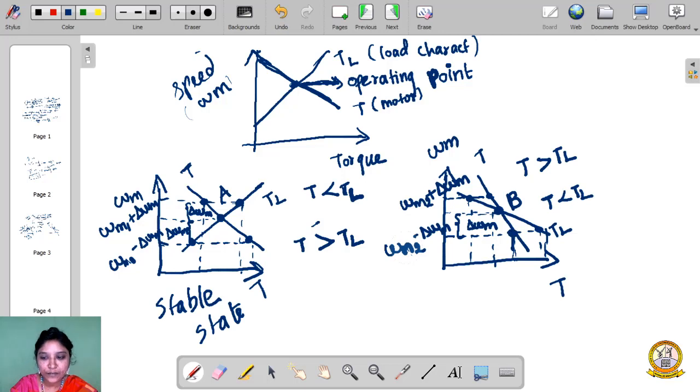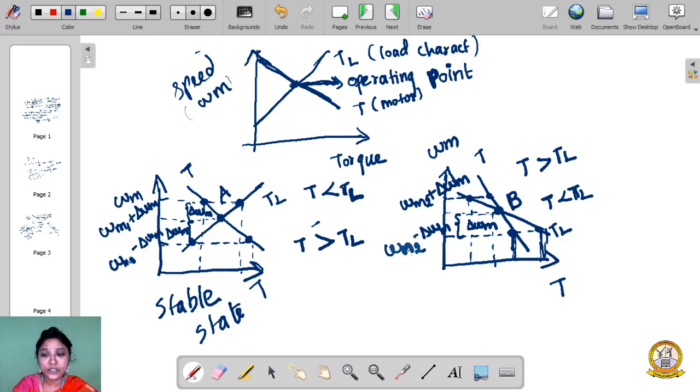If you plot the graph and check what happens when decreasing the speed, T is less than TL, isn't it? So the load torque is increasing, and if the load torque is more, then the speed will be decreased, isn't it?